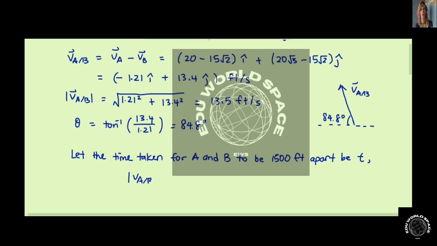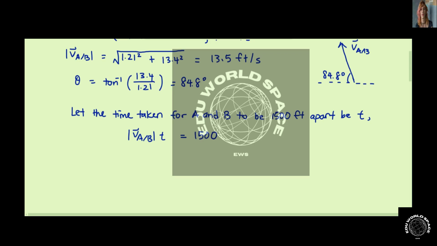We can use the magnitude of the relative velocity times time and set it equal to 1500. So t will just be 1500 divided by 13.5. You calculate this and get 111 seconds, or 1.85 minutes.